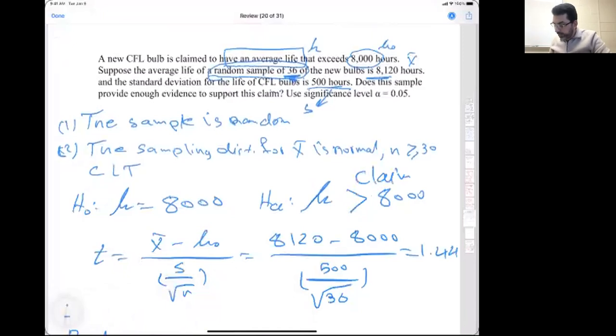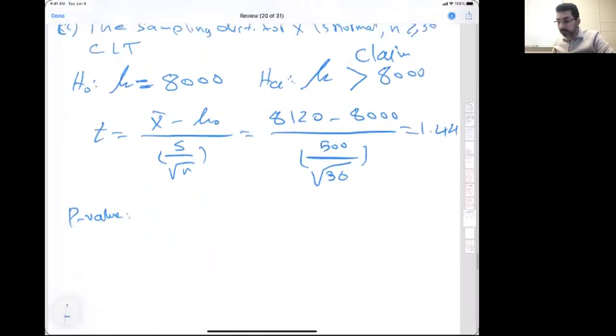So it's not a two-tailed test. It's a right-tailed test in this case, because the claim says what? Exceeds 8,000 hours. So the alternative hypothesis here represents the claim. So this is correct now.